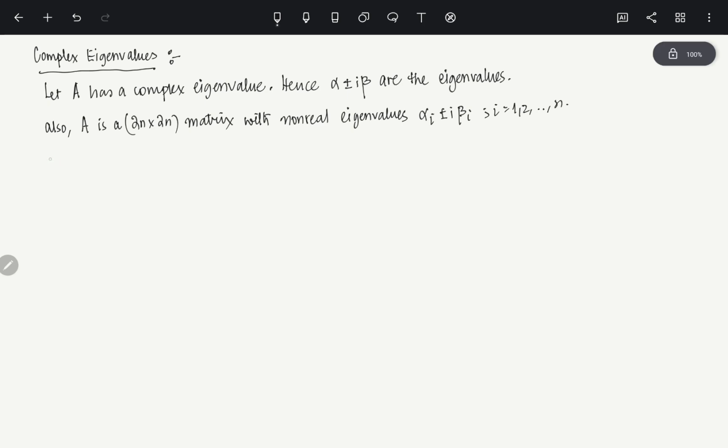What we will do is, let Vj and Vj bar denote the associated eigenvectors, or here I wrote i, so let's write i. Vi and Vi bar denote the associated eigenvectors.